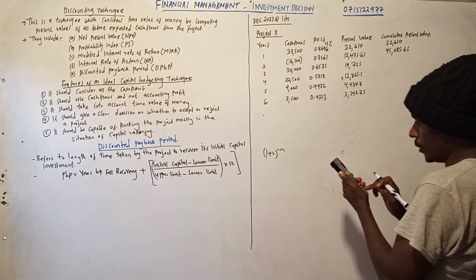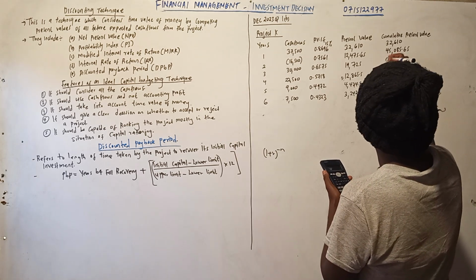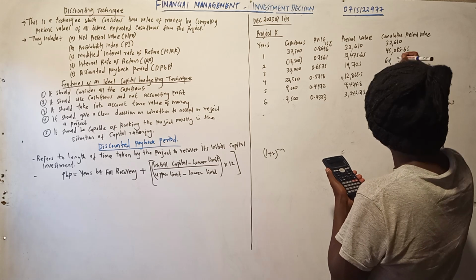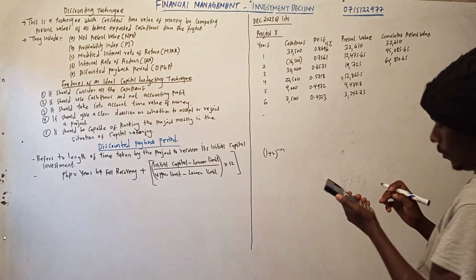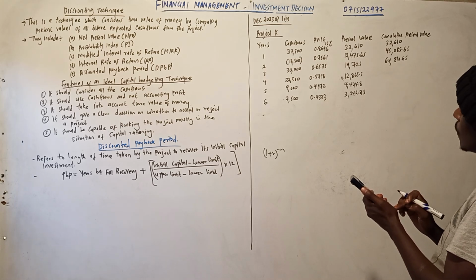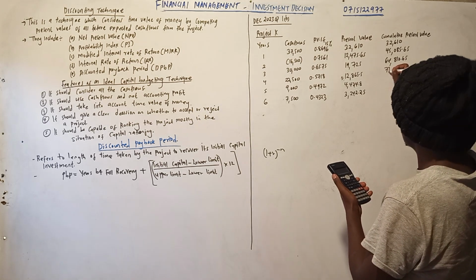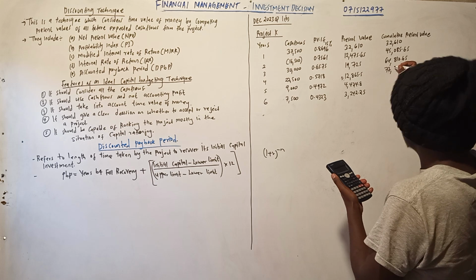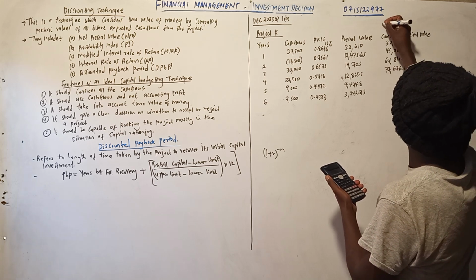We add 19,725, and we get 64,810.65. We add 12,865.5, and we get 77,676.15. Remember that our question is in thousands.